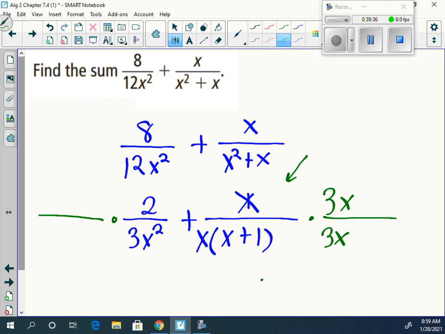So it'd be 3x and 3x. We already have 1x. It's just not squared. So to make it squared, we'd multiply it by 3x. So now does it have everything that the other one does? So does the 3x squared have everything that the other one does? No. It just doesn't have the x plus 1.